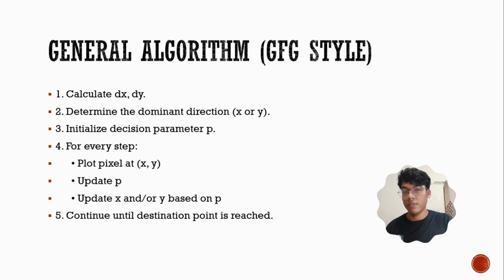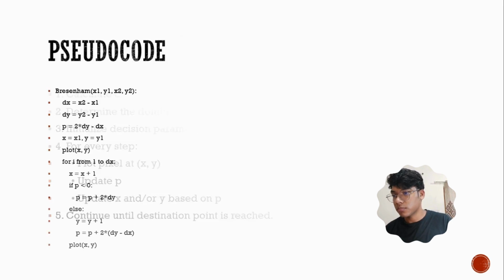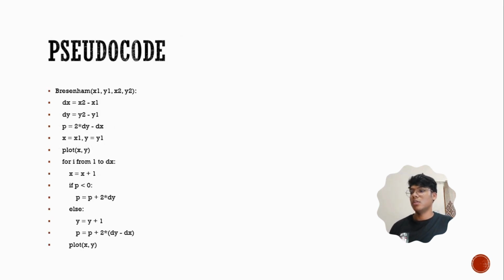Moving further with the slides. If your teacher says to write a pseudocode for your examination, I've written this code for you all. Just copy it and give it a try by yourself. I've tried it myself and it works very well.